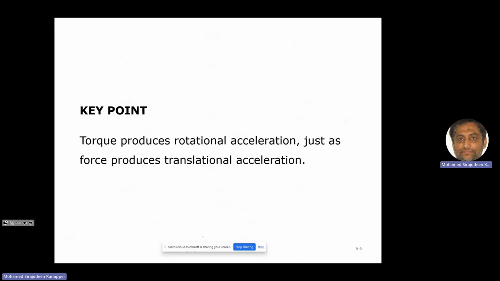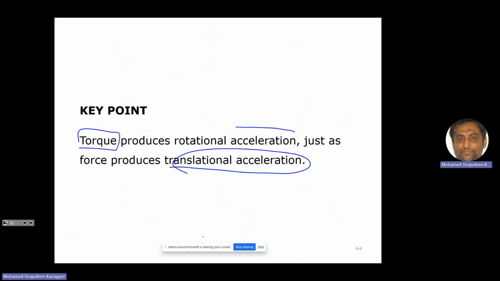Okay, now we are going to introduce this concept, torque. You know about forces, right? If you have a non-zero net force, it will produce acceleration, meaning it will change the velocity. Okay.